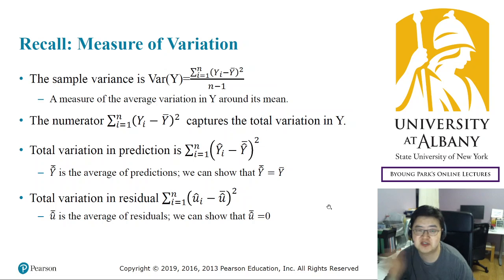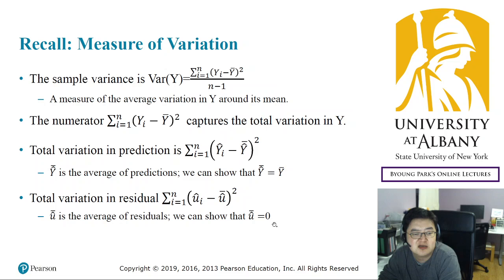So on average, the prediction error is 0. Otherwise, your prediction would be overestimating or underestimating, but the OLS estimator doesn't. So the sample mean of the residual is always 0, and it disappears.